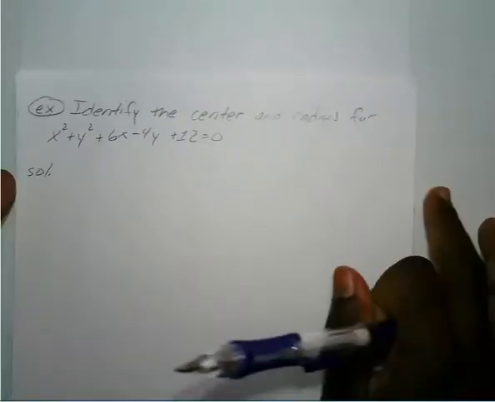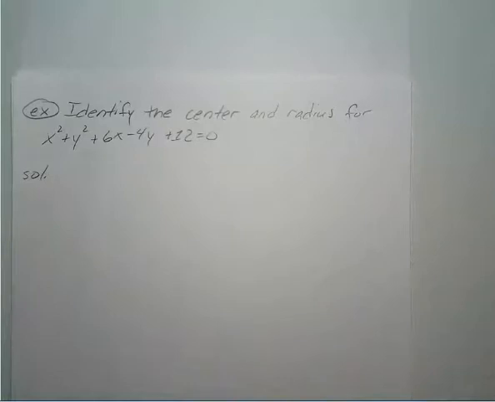So let's say for this example, we want to identify the center and the radius for x squared plus y squared plus 6x minus 4y plus 12 equals 0. Okay, now this is in general form. We can't identify the center and radius when it's in general form, so we have to convert it to standard form, which is what we just did before.